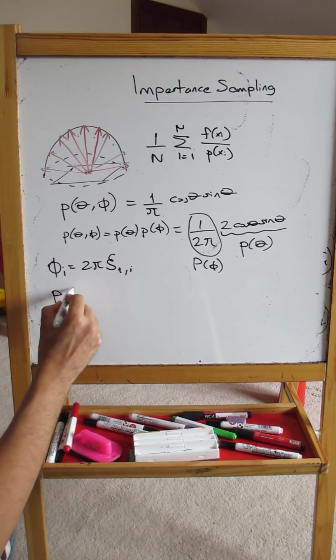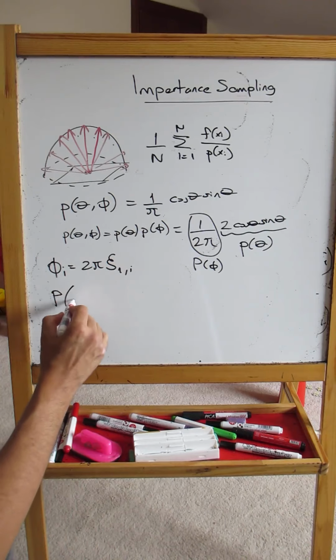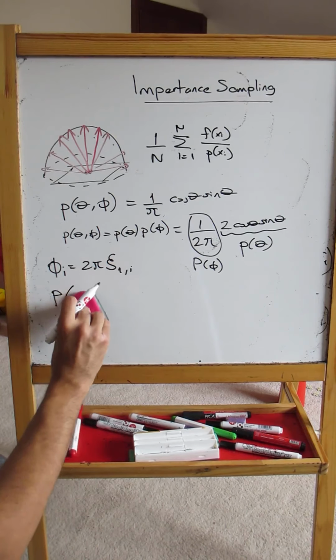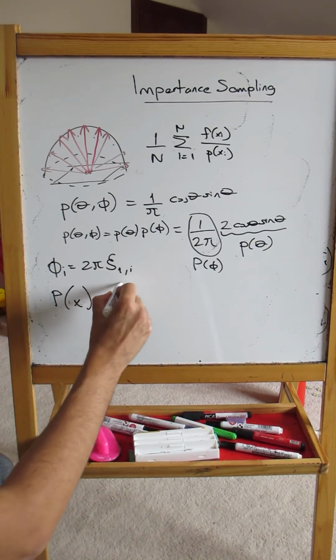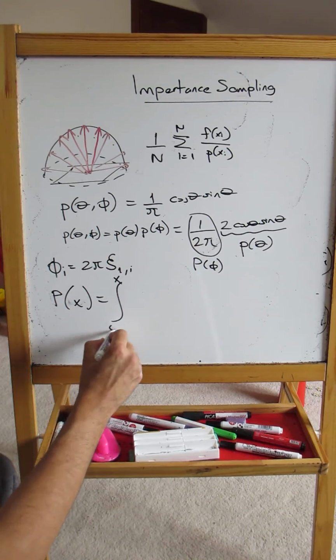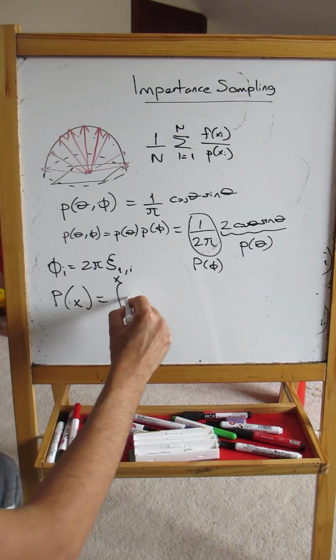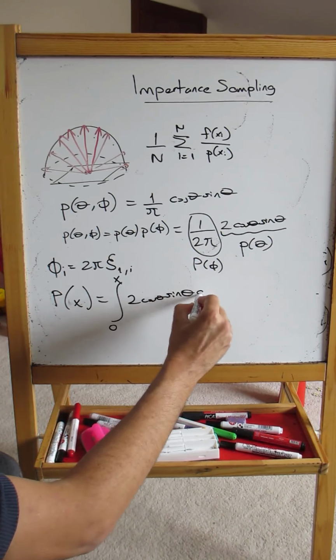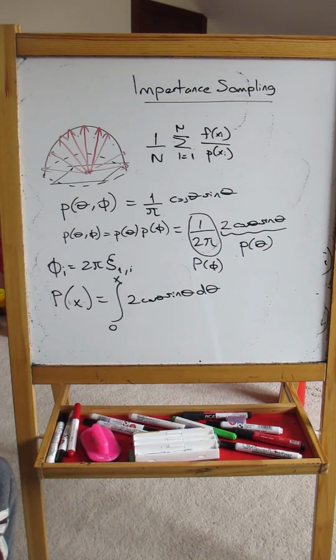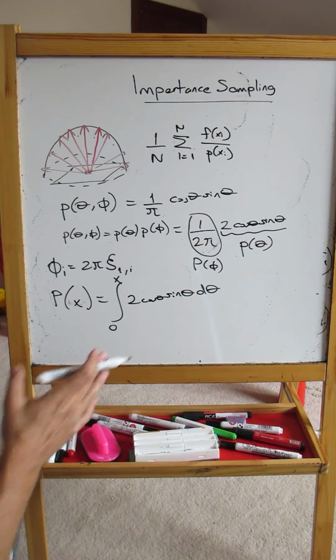We first find the cumulative distribution, capital P of x, which is equal to the integral from 0 to x of 2 cos theta sin theta d theta. Now you can carry this out.